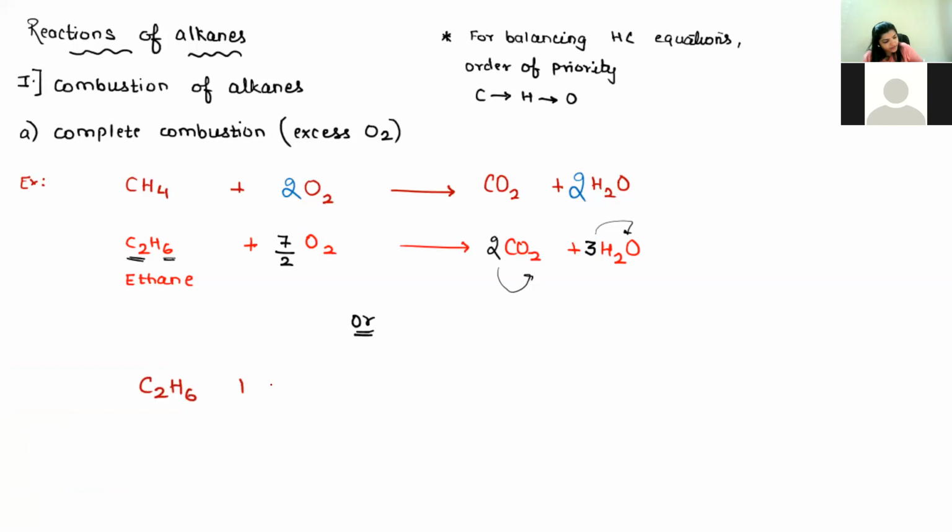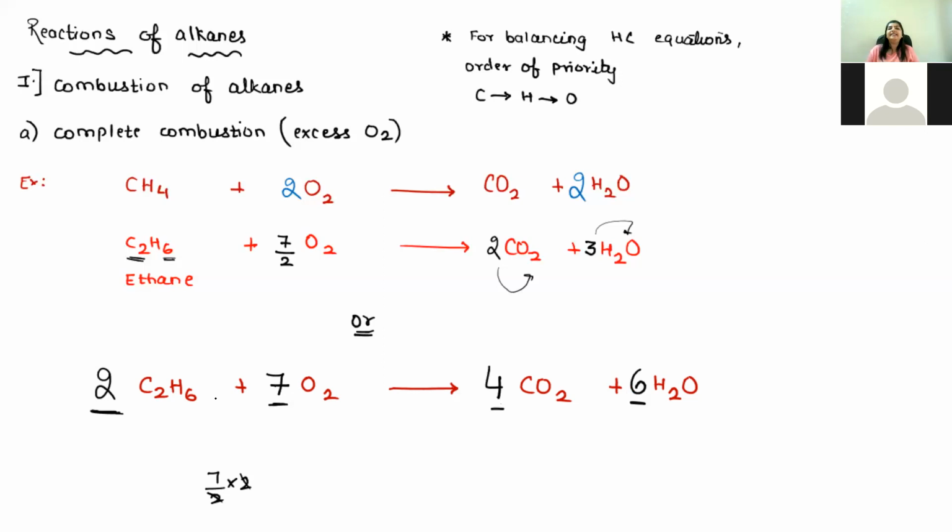I will write the equation once again: I am going to double the whole equation, multiplying by 2. So this becomes 2 C2H6, 7 by 2 into 2 is 7 O2, 2 into 2 becomes 4 CO2 and 3 into 2 becomes 6 H2O. So this is my balanced equation.